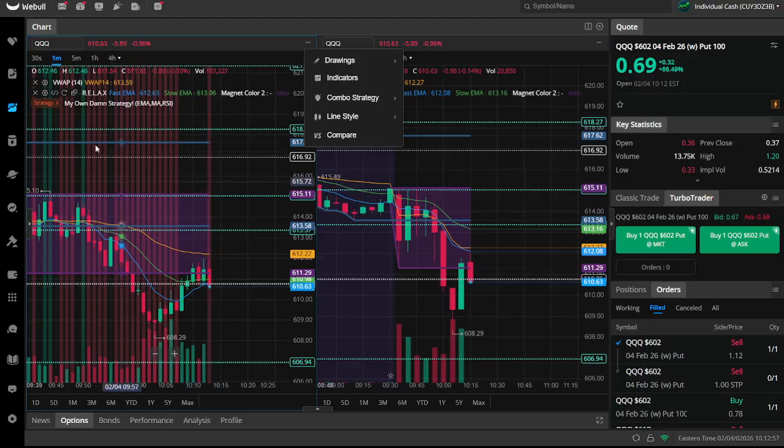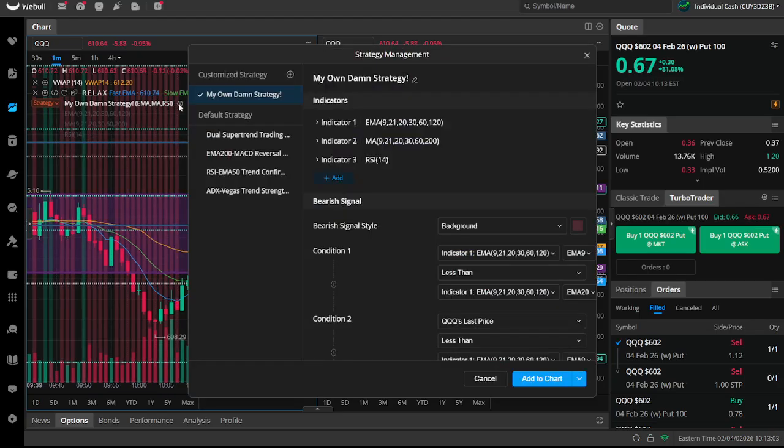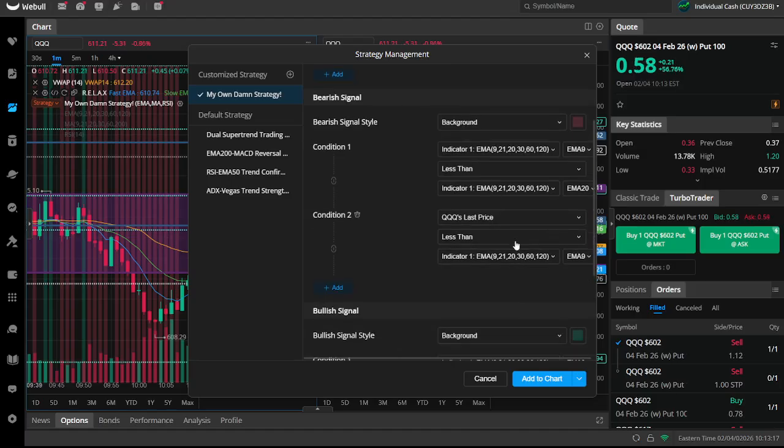If you're interested in what that strategy is, basically all I did was tell it to change the background to be red if the EMA 9 is less than the 20 period EMA, and the last price of QQQ is less than the 9 EMA.